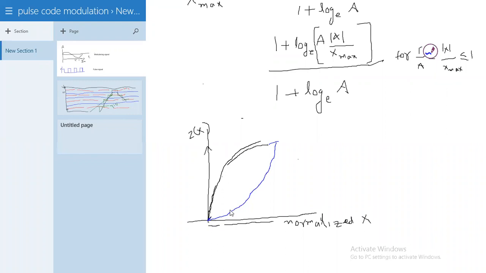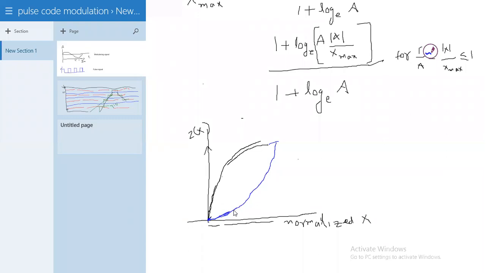This expander is used at the receiver section. The big signal that was compressed at the transmitter section is received here, and initially the amplification is reduced.